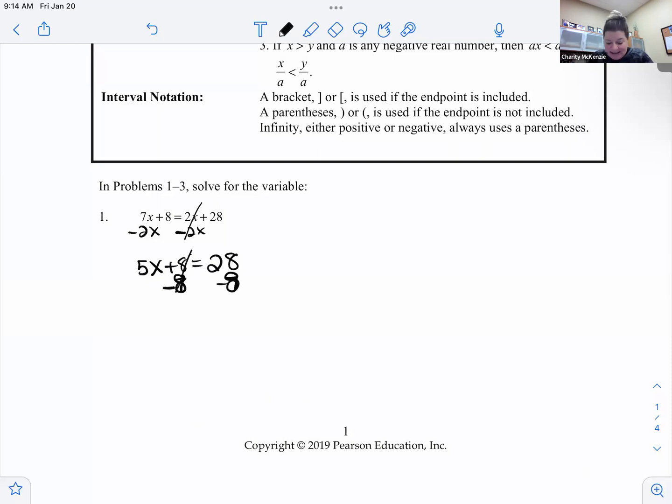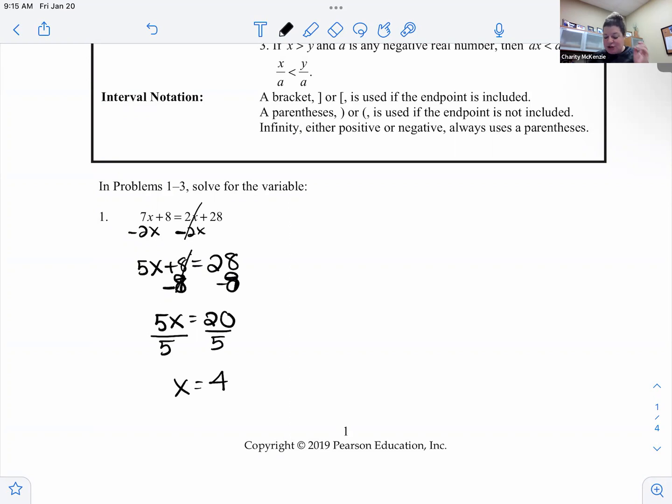So 8 minus 8 is 0. Now I only have 5x on this side, equals 28 minus 8, which leaves us with 20. The last step is to do the opposite of times, which is to divide. So I'm going to divide by the 5. That's going to leave 20 divided by 5, which is 4.